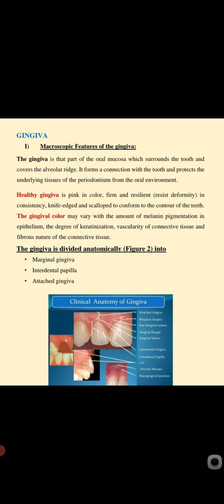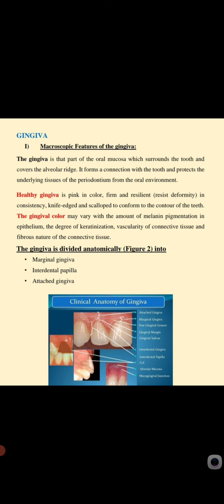Now come to the macroscopic picture. This is a very important MCQ point. The healthy gingiva is pink in color. Remember, healthy gingiva is pink in color and unhealthy gingiva is bluish or red in color.